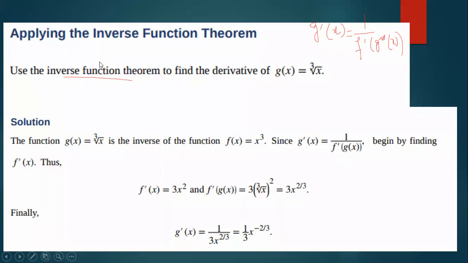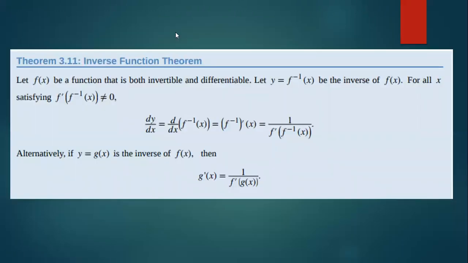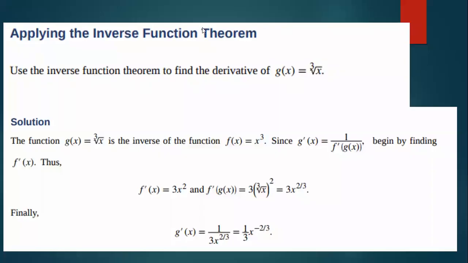Again, I have to write this. This is the value. Okay, g derivative of x equals to 1 upon f derivative of g of x. Again, we have to write that g derivative of x will be 1 upon f derivative of g of x.